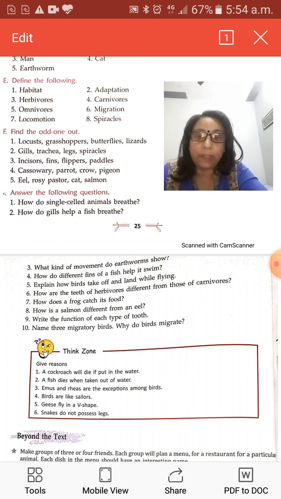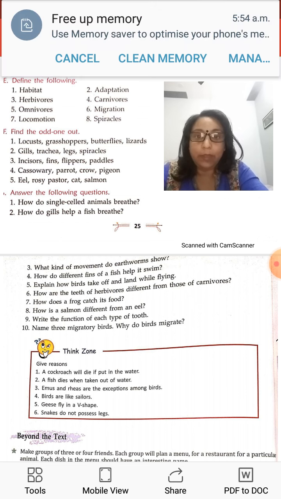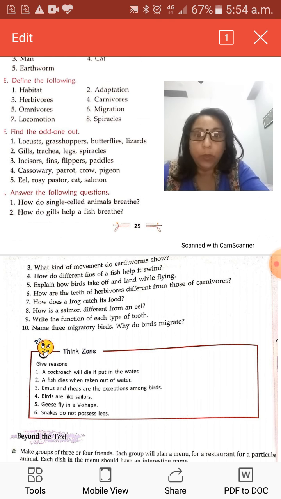So the first one is, how do single celled animals breathe? Single celled animals are microscopic animals. We cannot see them with the naked eye, such as amoeba and paramecium.